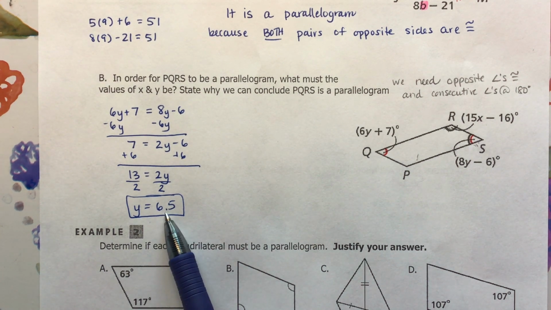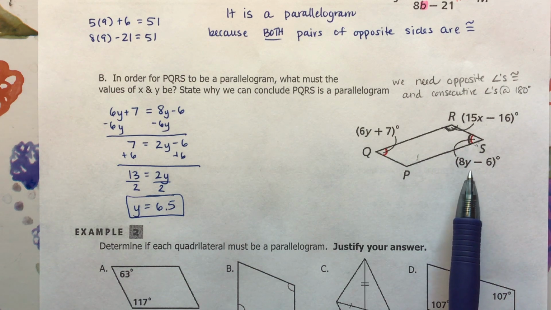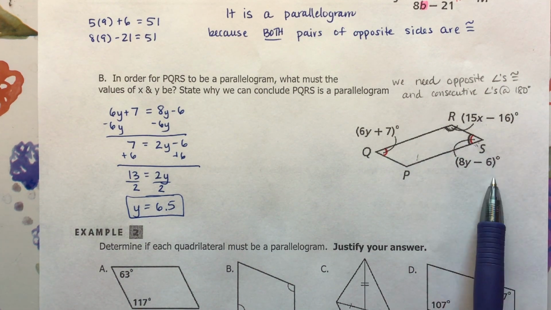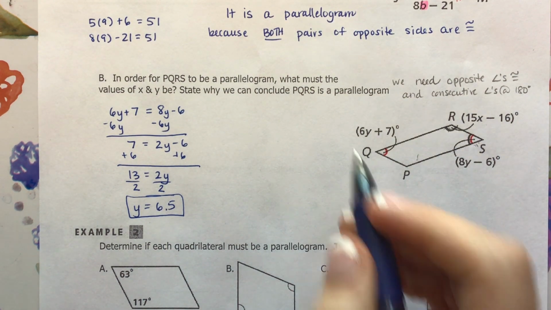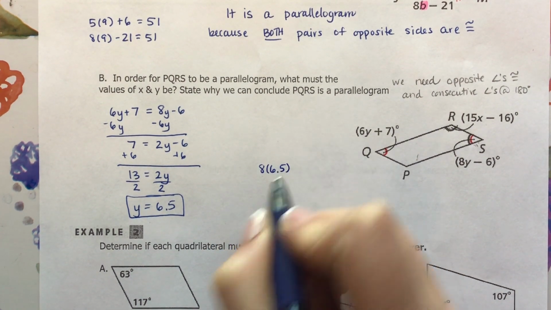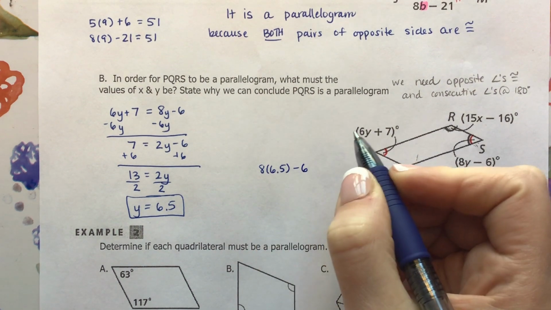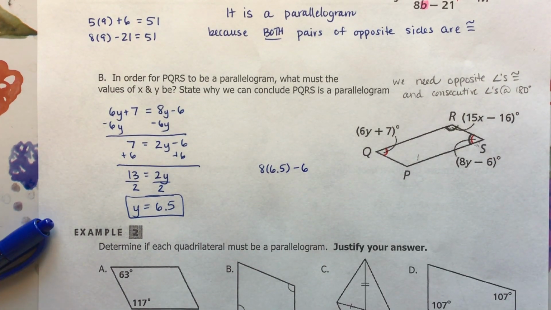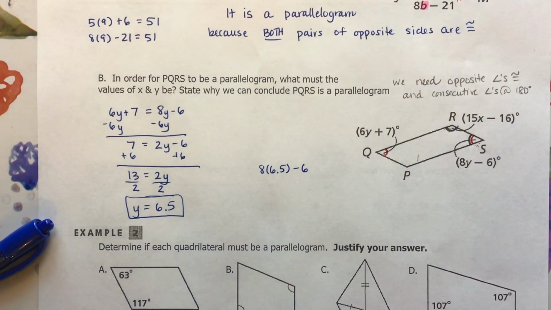So if I were to plug in 6.5 into it doesn't really matter which one, but we can do this one or this one, into this equation, then it's going to look like this. I'm going to have 8 times 6.5 minus 6. In just a moment, I need to grab my calculator.